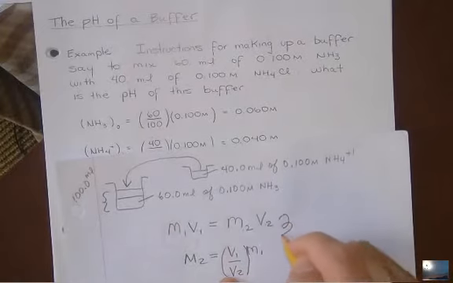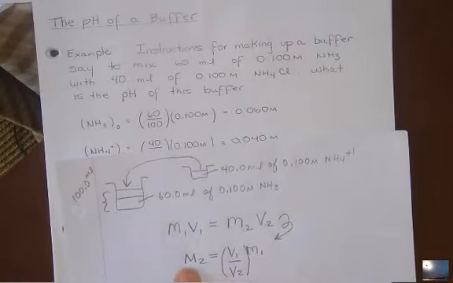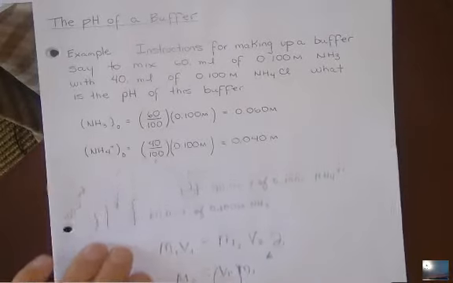So I just take a break, do the algebra yourself, and realize that the new molarity anytime is the old molarity multiplied by this ratio. This ratio here, the old volume over the new volume, is called the dilution factor.